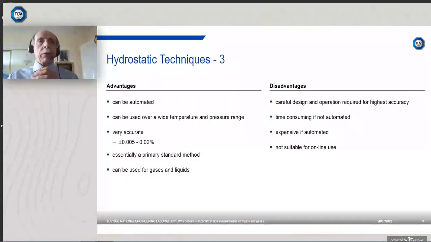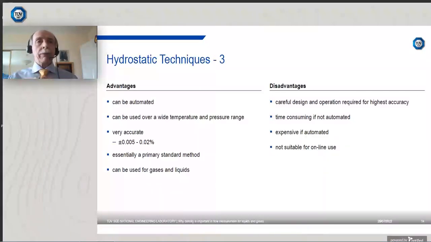Hydrostatic techniques have a number of advantages. They can be automated depending on the particular implementation. I've already alluded to the fact they can be used over a wide temperature and pressure range, particularly if you use magnetic coupling or magnetic float techniques, for example.